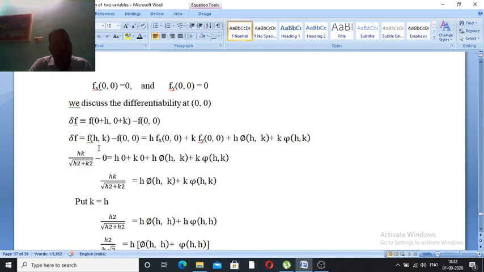f(h, k) is equal to hk upon the square root of h square plus k square, minus f(0, 0), which is given as 0. This is equal to h into the first order partial derivative with respect to x at the origin, which is 0, plus k into the first order partial derivative with respect to y at the origin, which is 0, plus h phi plus k psi.